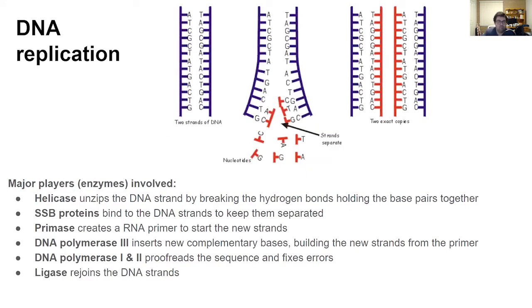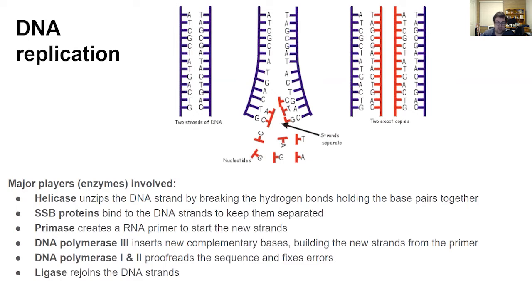So a big overview of what actually happens when we make a copy of DNA, when DNA replication occurs, is that starting from the left-hand side of the diagram, we have our strand of DNA, or more specifically, our two strands of DNA.